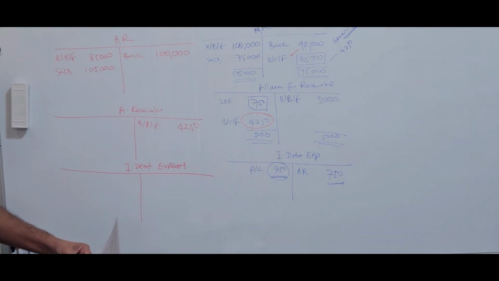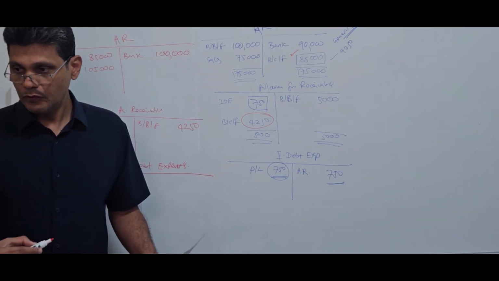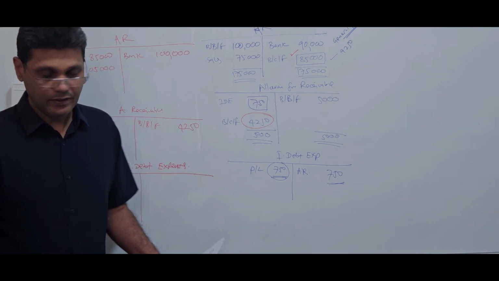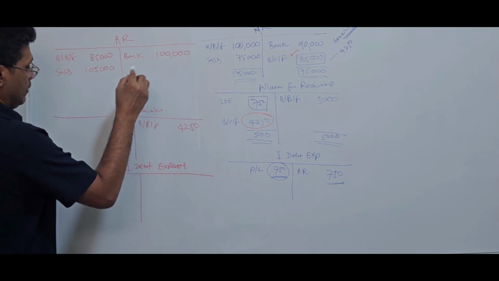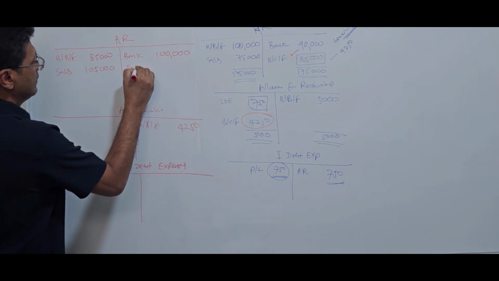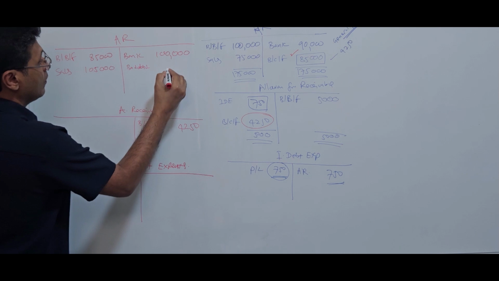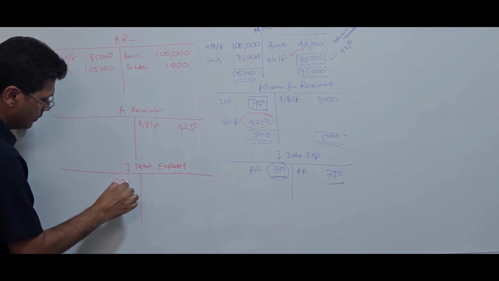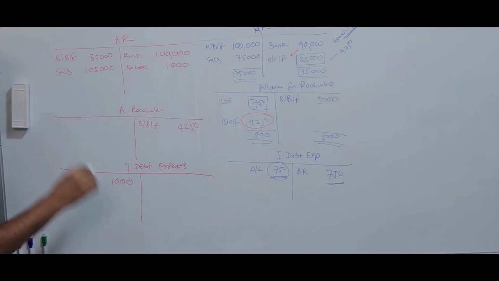How much is that? 1,000. First of all, you just remove the write-off, which is uncollectible. So this bad debt of 1,000 is debited to the irrecoverable debt account. This is accounts receivable.